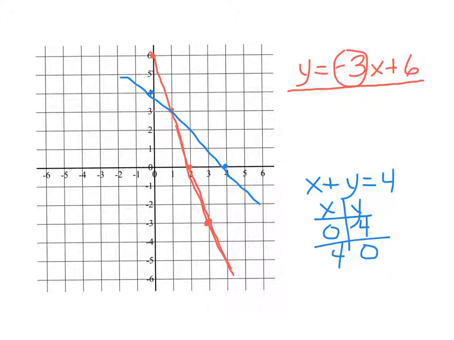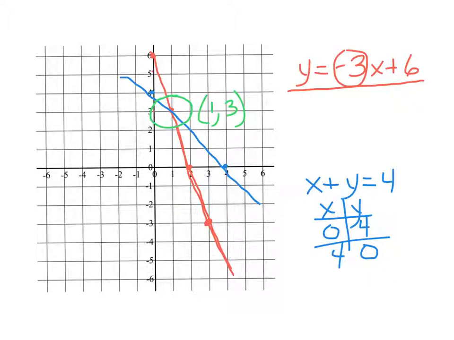Going through and graphing that line, I have a common point that satisfies both of those equations, and it is the point 1, 3, which means 1, 3 has to work in both of these equations.